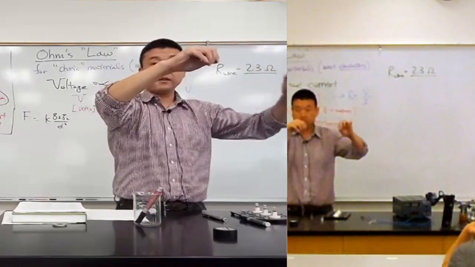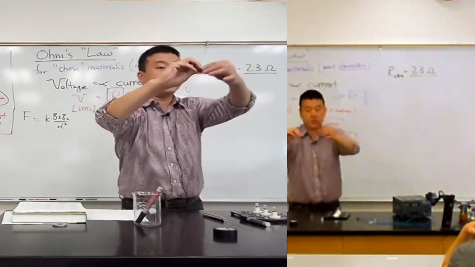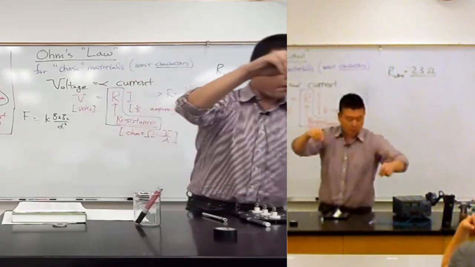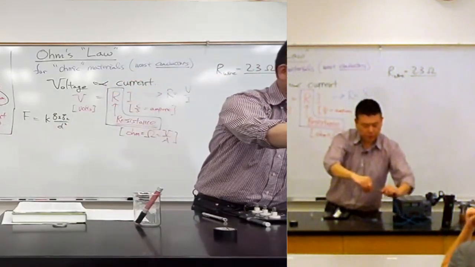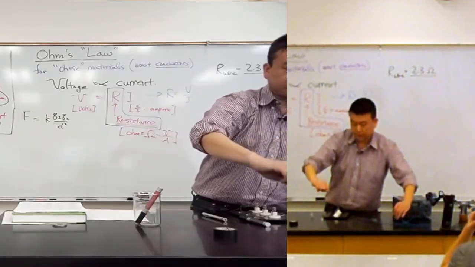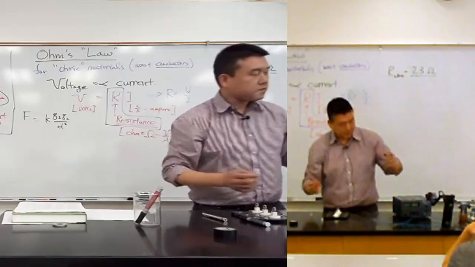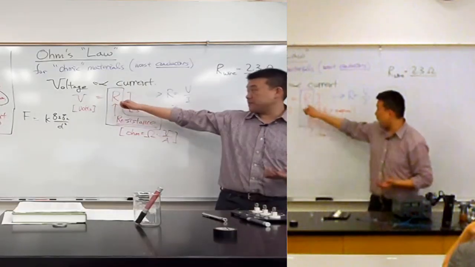Instead of using the entire length of wire, I'm going to use half as much length of the wire here. What do you think will have happened to the resistance? It would double. Resistance would double or half? Half, yeah. So, you have some sense of what this R means here, right?